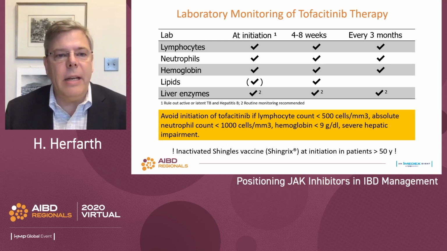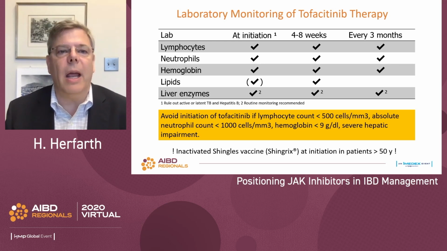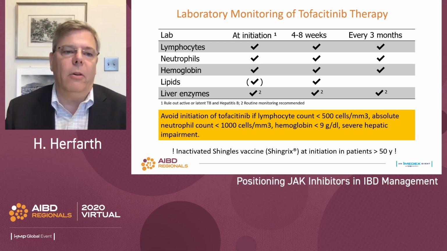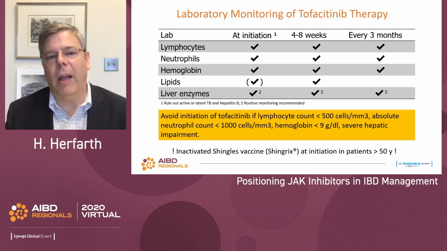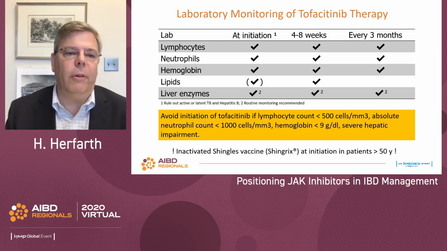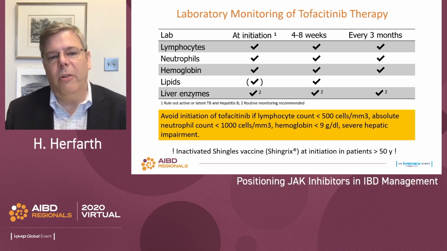As with anti-TNF and all the other biologics, you should rule out active or latent TB and hepatitis B at initiation. You should avoid initiation of tofacitinib if the lymphocyte count is below 500 cells per microliter, or if your absolute neutrophil count is below 1,000. You should not start if the hemoglobin is below 9 grams per deciliter.